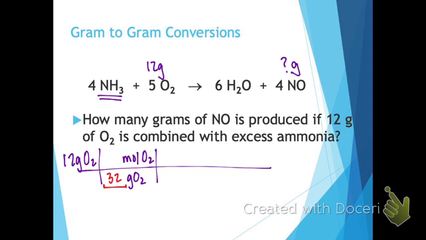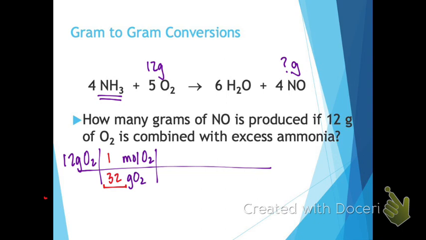O2 is 16, and we have to make sure we account for 2 of them. But in this step, what does moles get? Does it get a 5? No, in this step, moles gets the 1, right? Because we're still saying that 32 grams is equal to 1 mole of O2. Okay? Mole ratio step is the only place you put in those coefficients.